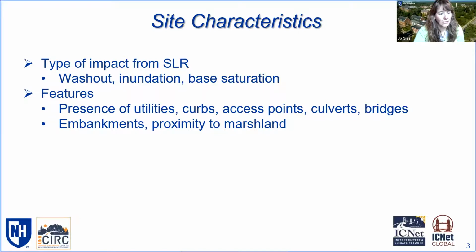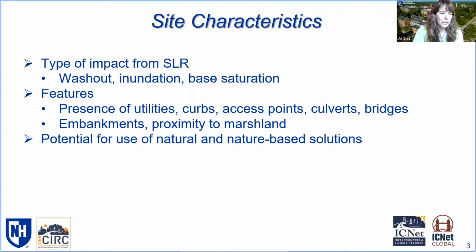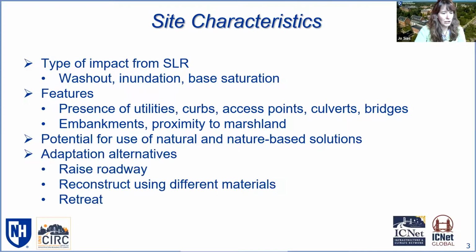Also looking at if the roadway is built on an embankment and proximity to marshland or other sensitive environmental areas. And then also considering the potential for using either natural or nature-based solutions in the various locations. And then evaluating different adaptation alternatives, which may be things like raising the roadway, reconstructing, or retreat. We'll talk about those more specifically.